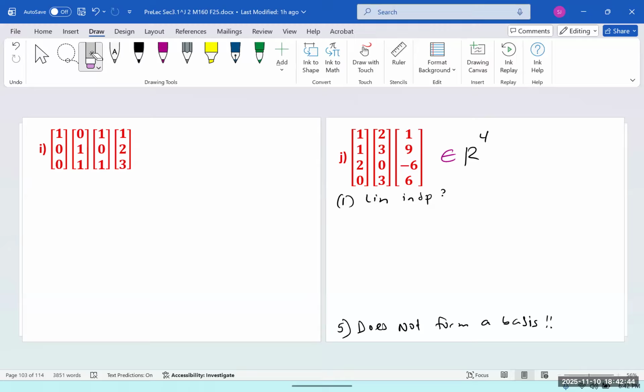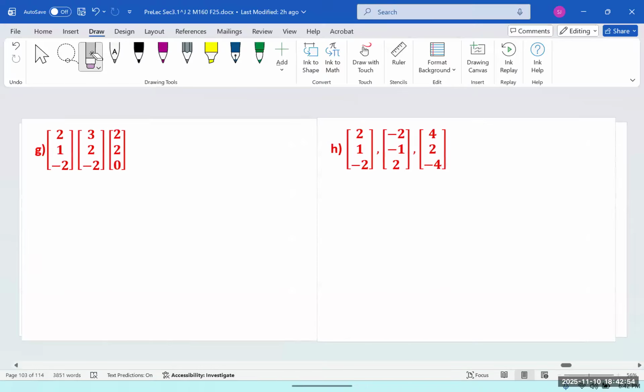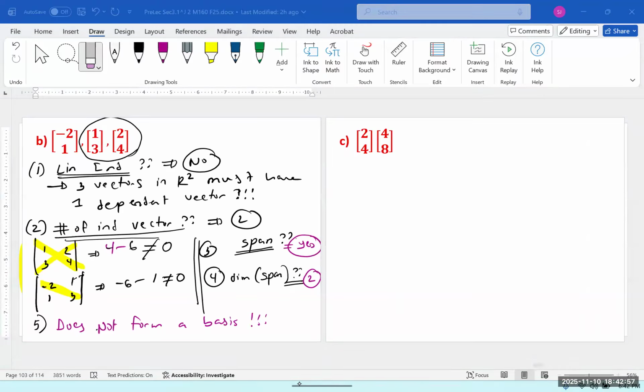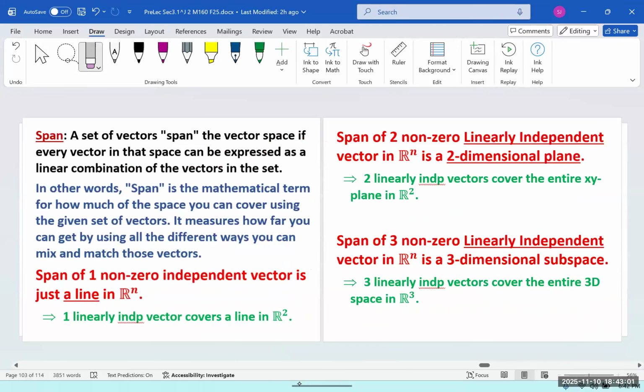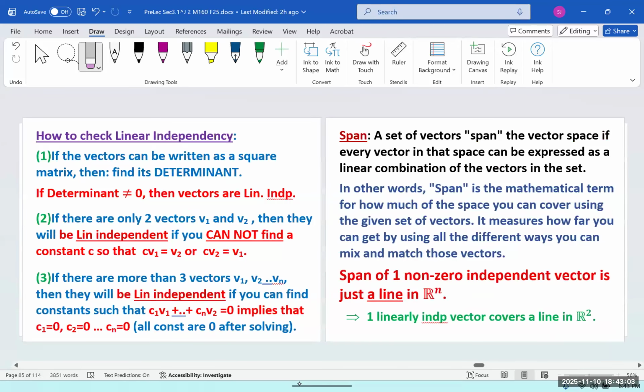Row echelon form. I forgot what row echelon form tells us. So we have 3 methods. Let me see which one makes sense. Determinant is for square matrices, we cannot use it because we don't have a square.